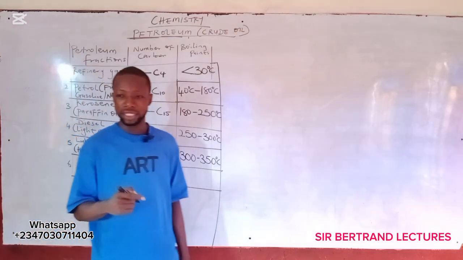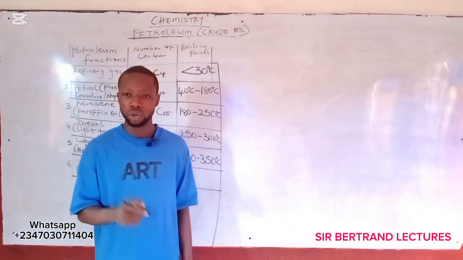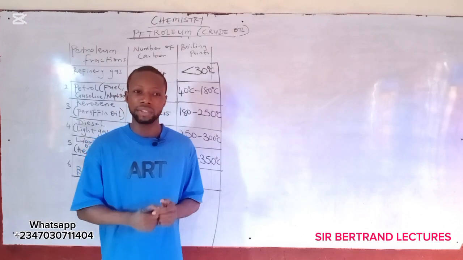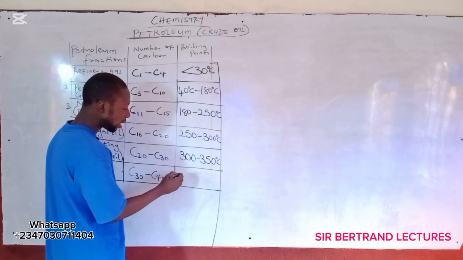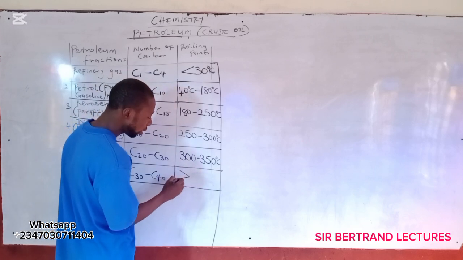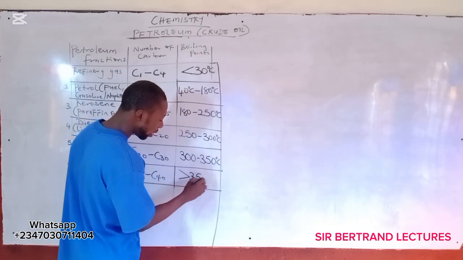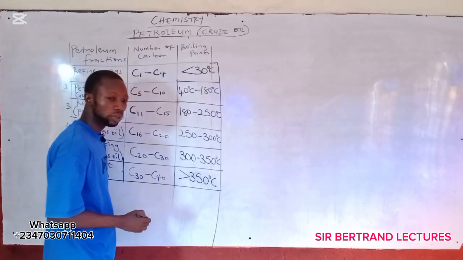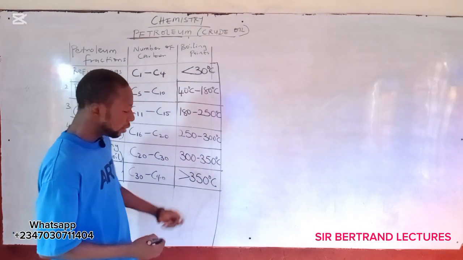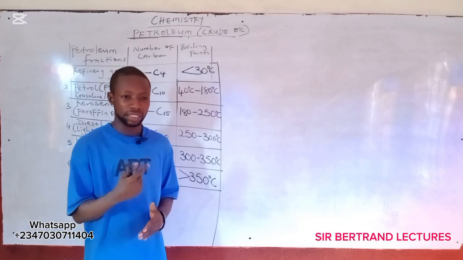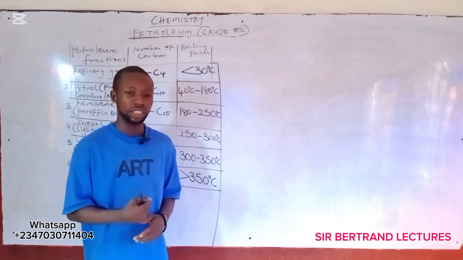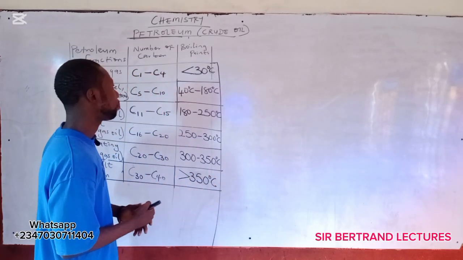Petroleum is the organic compound or hydrocarbons with the carbon chain from number 1 to 40. It is refined at a temperature more than 350 degrees Celsius during fractional distillation of petroleum.